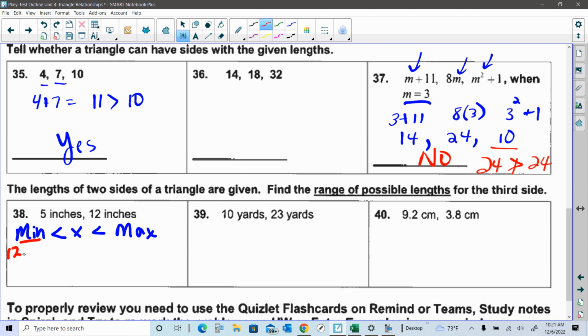So 12 minus 5, that gives me 7. So 7 is less than x. To get the max number, what do we do with the 2 numbers? Add them. Yes, so it's less than 17. And this is what you write as your answer, the range of those numbers as an inequality.